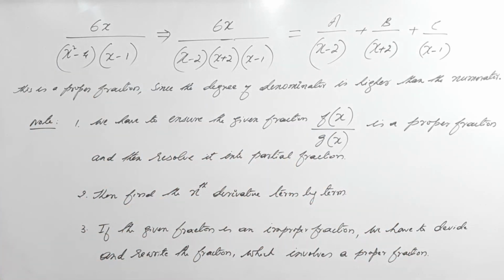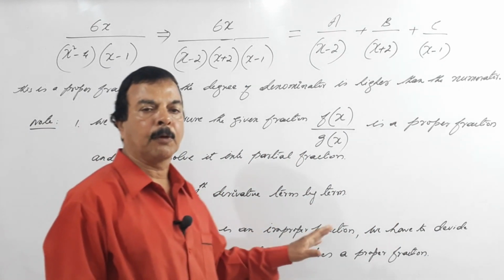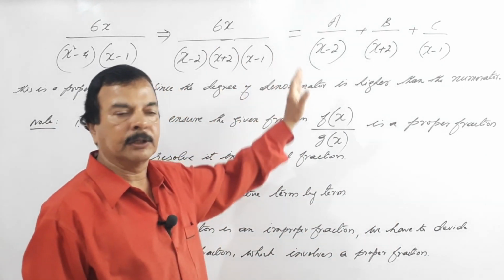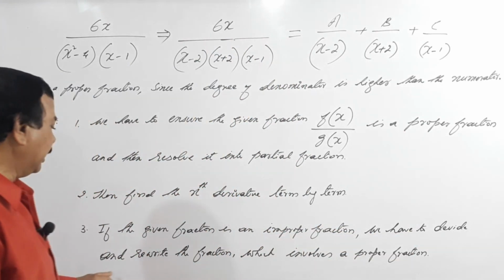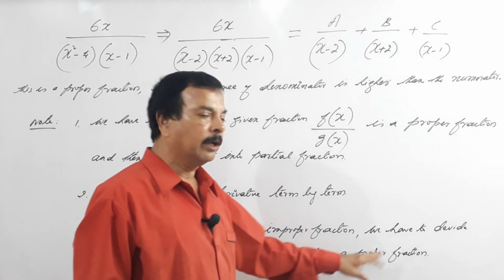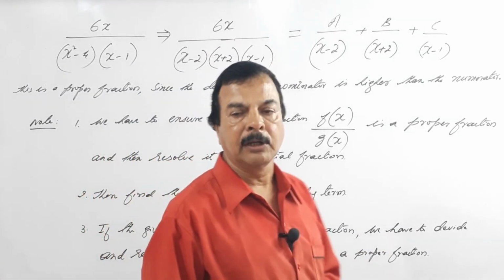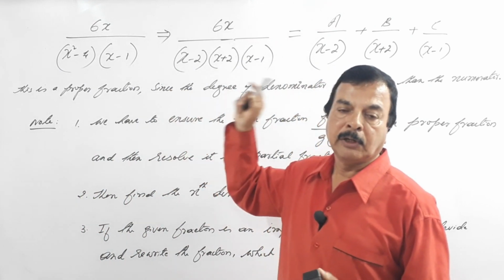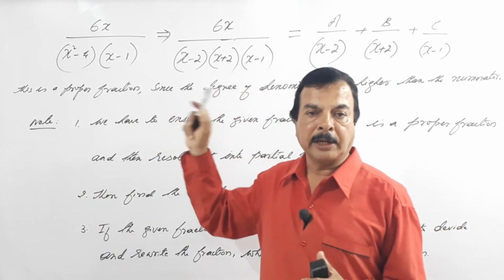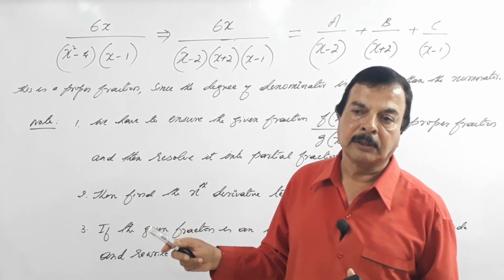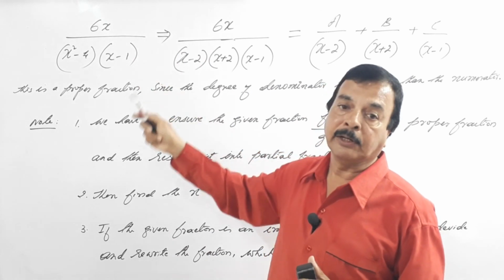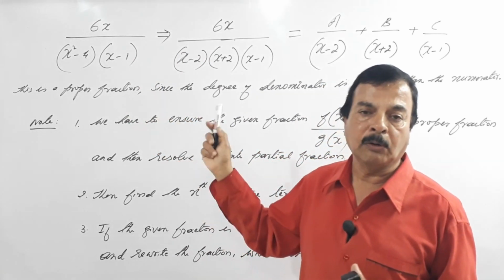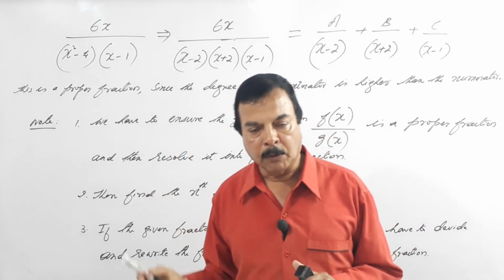So what is point number 3? If the given fraction is an improper fraction, then we have to divide and rewrite it as a fraction which involves a proper fraction. In the easiest way, if the degree of the numerator is higher than the degree of the denominator, then we have to divide the numerator by the denominator. I will show you how to go about it when I do problems on improper fractions.